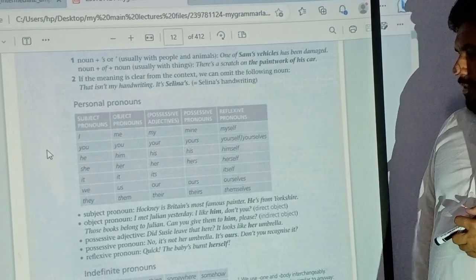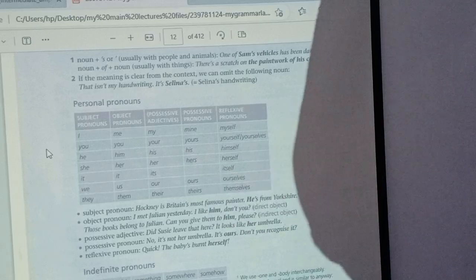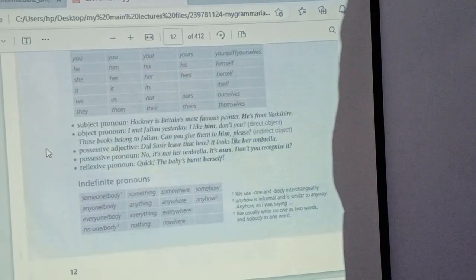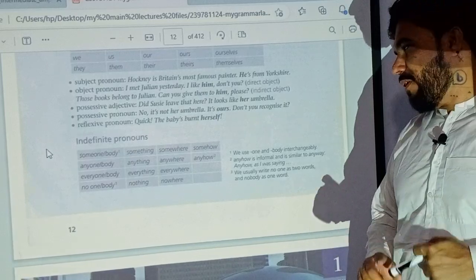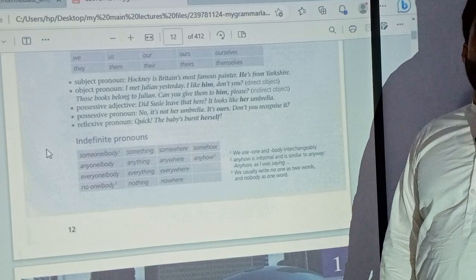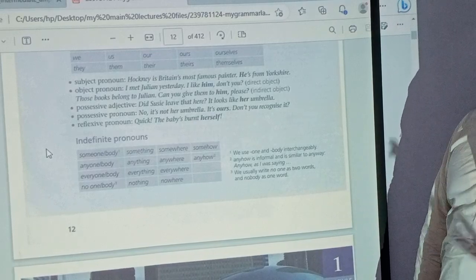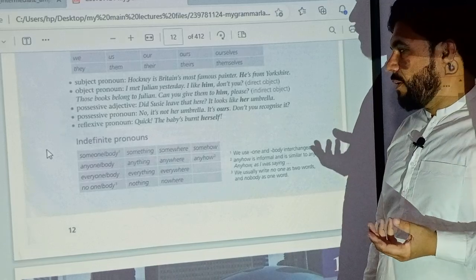And then we've got some indefinite pronouns that I would like to just touch upon. Now, what are the indefinite pronouns? Indefinite means something or somebody that's not specific. So we call it indefinite.